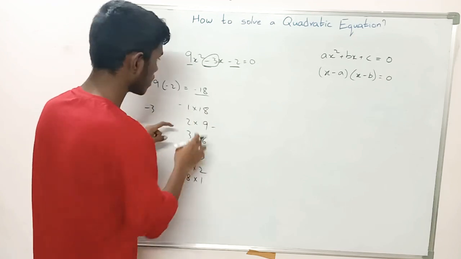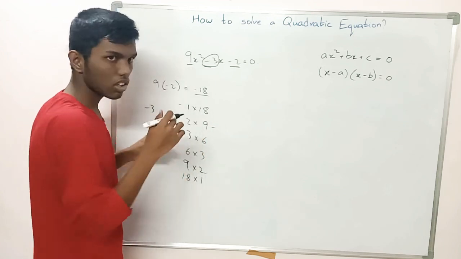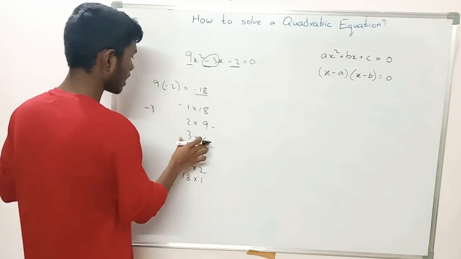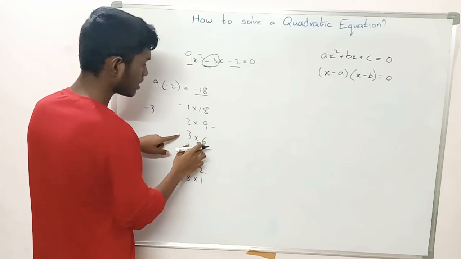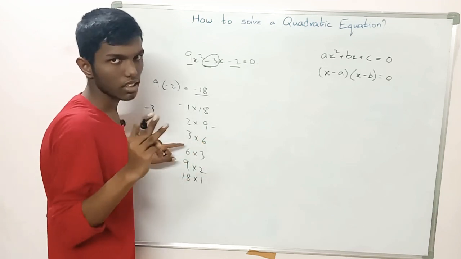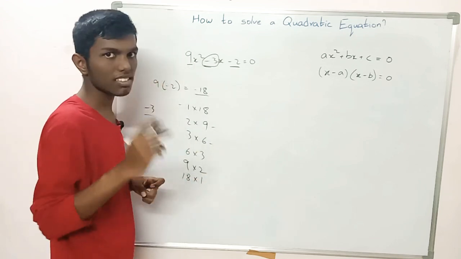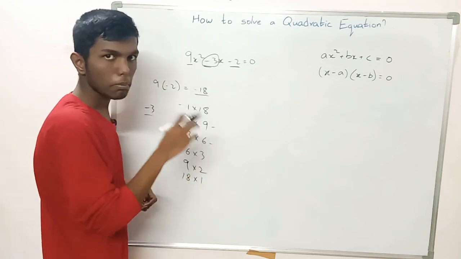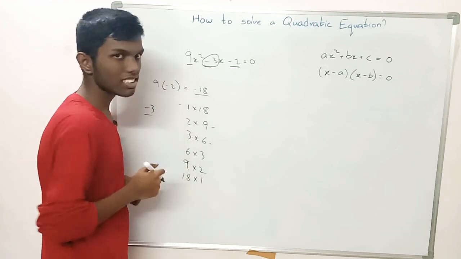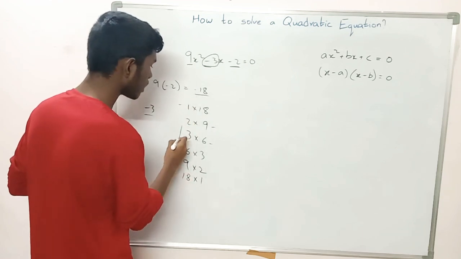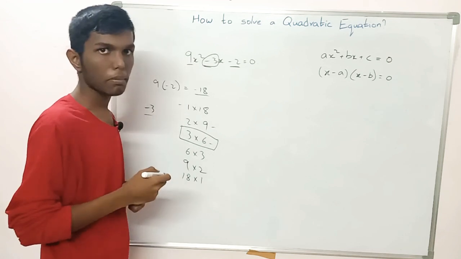Now summing up, 18, 1, 2, 9 are not at all in the picture, and 6, 3. 6 minus 3 gives you 3, but we need minus 3. So minus 6 plus 3 gives you minus 3, and minus 6 into 3 gives you minus 18. So the pair we are looking for is 3 comma minus 6.